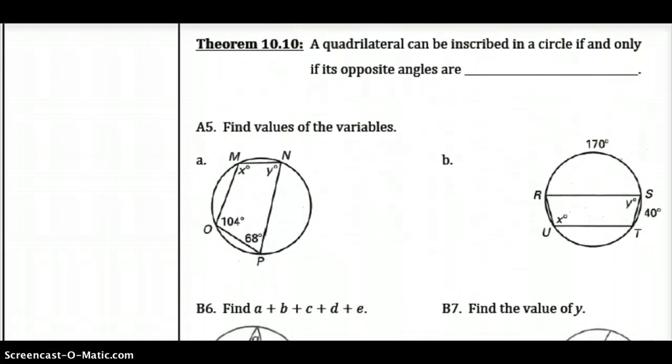Another theorem and some practice problems here. A quadrilateral can be inscribed in a circle if and only if its opposite angles are supplementary. Now if I picture this, I've got 1, 2, 3, and 4.